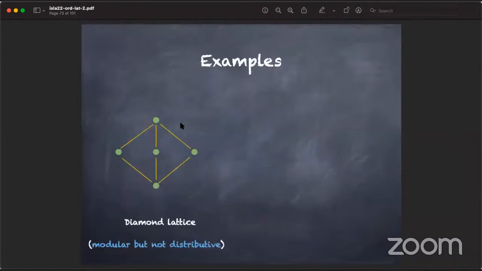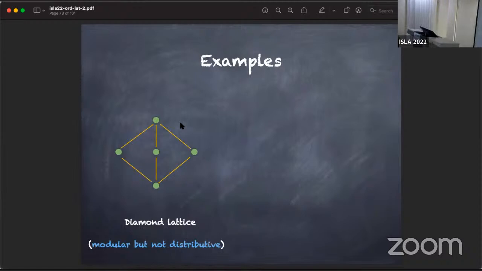So let me think of Klein's four group for those who know, and think of all its subgroups. It's a commutative group, so every subgroup is normal. So think of all subgroups of Klein's four group and think of the structure. Please work it out. They all will contain this structure. It's just this structure, isn't it?